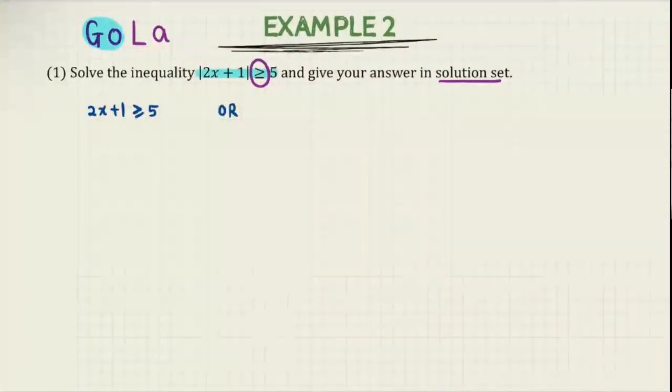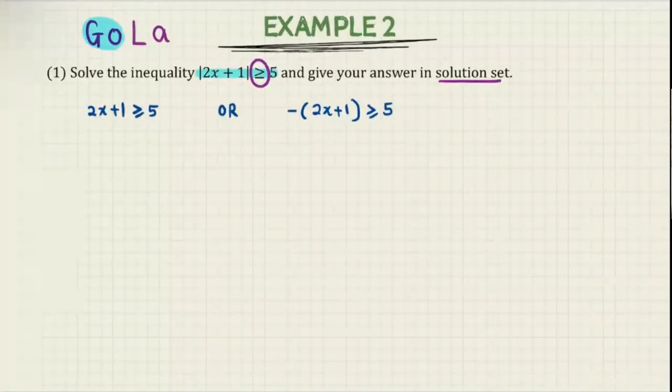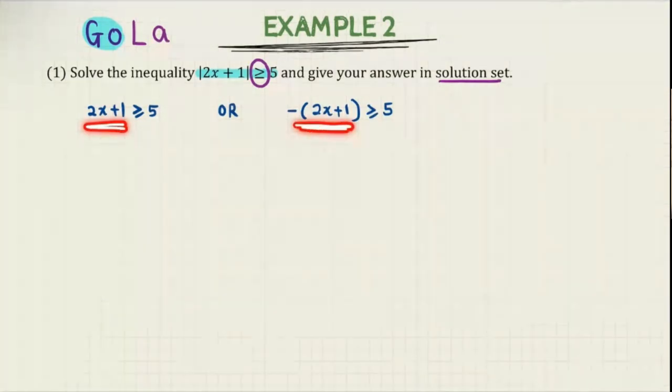Dan kemudian on the other side will be negatif kepada 2x plus 1, tapi dia masih lagi kekal greater than 5. Okay, so tengok saya tak ubah apa-apa dekat inequality ini, hanya pecahkan dia kepada positif and the negative part dahulu. Okay, ini step yang pertama tadi.